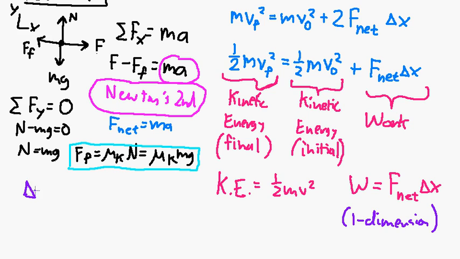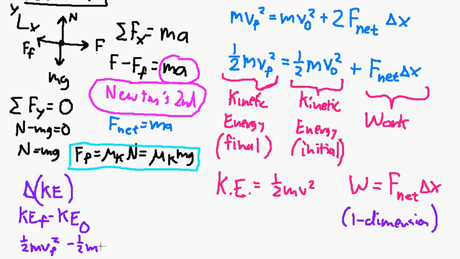So change in kinetic energy is KE final minus KE initial, and that's going to equal 1/2 mv final squared minus 1/2 mv initial squared. So that's just taking this and pulling this over here. Change in kinetic energy is work done.